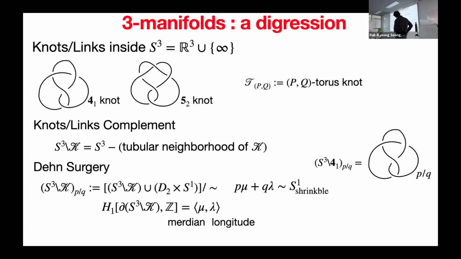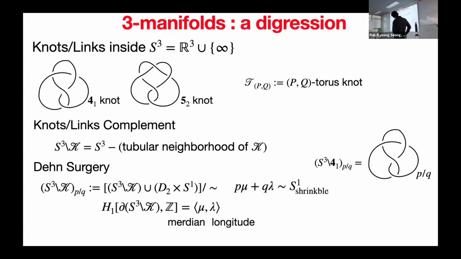Then we also consider Dehn surgery. We remove the tubular neighborhood, and we glue it back with a solid torus in a non-trivial way, labeled by p and q.